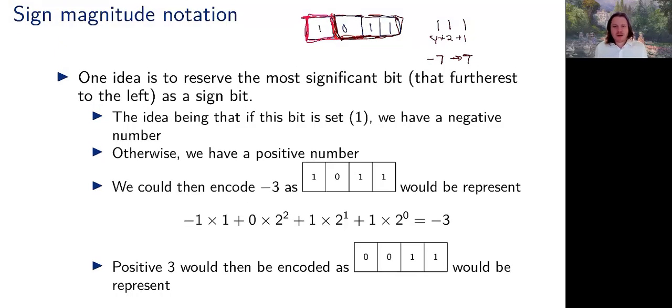So how do we determine if the number stored in here is positive or negative? Well, first we need to determine the number. Let me just write the binary digit first. In this case we'd have 1 times 2 to the 0 plus 1 times 2 to the 1 plus 0 times 2 to the 2.